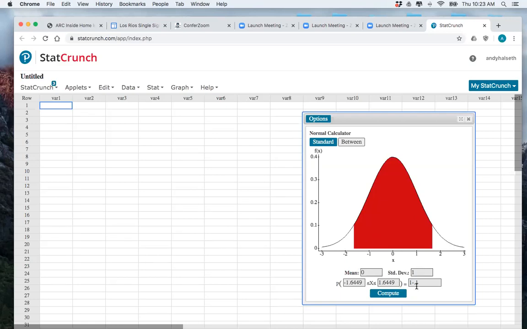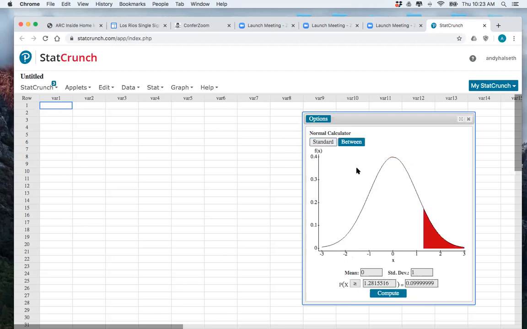But what StatCrunch wants is the middle. So I have to trick StatCrunch to give me the right answer. So I'm putting in 90% as opposed to 10% basically. But it gives me those two values, and you can see on my notes that for the two-tailed test when alpha is 0.1, it's plus or minus 1.645. That's where those are coming from. Okay, so now you can get any critical value you want.